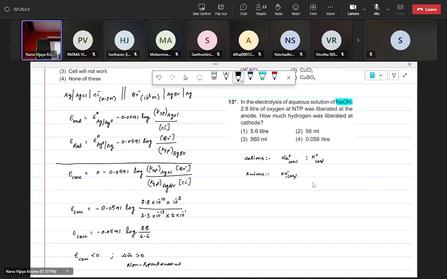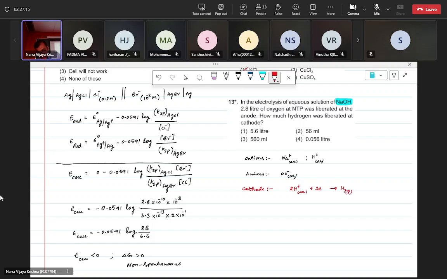Cations go towards cathode. Right? And they gain electrons. Correct? So I will write that in this way. At cathode, I can write reactions in this way: 2H+ gain 2 electrons to produce H2 gas.